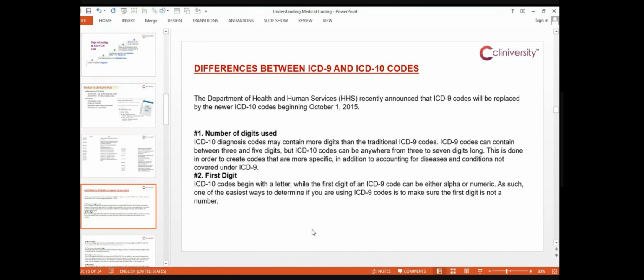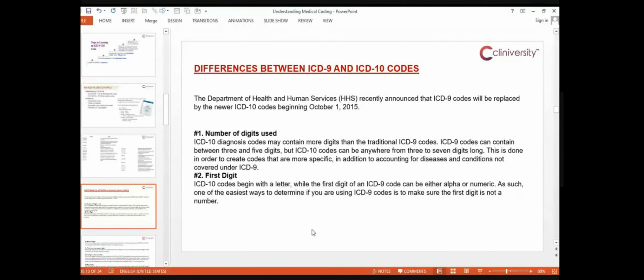So when the expansion happened in the number of characters in a particular code from a maximum of 5 to a maximum of 7 under ICD-10, this gives an opportunity to the updaters of this dictionary to cover more precisely all kinds of possible conditions with which a patient can suffer and need to take treatment.